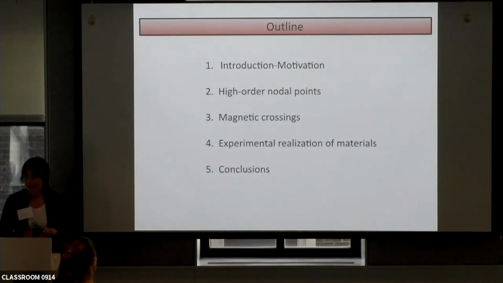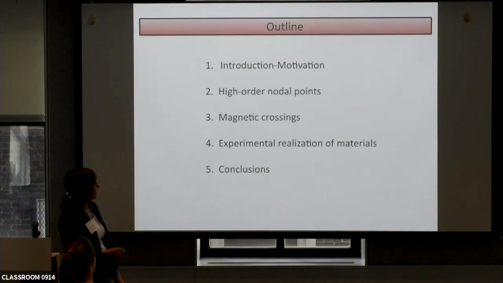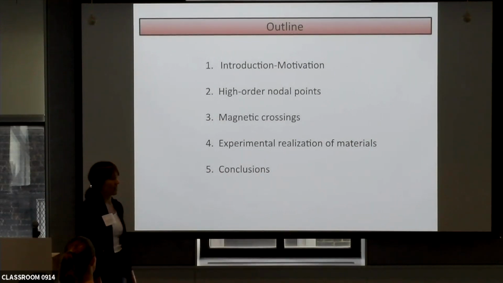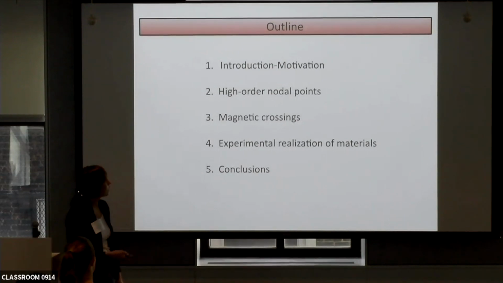Okay, so following these 3 steps, this is going to be the outline of my talk. Introduction and motivation to the topological semimetallic phases. Then the first prediction, realization, and experimental measurement of high-order nodal points in paramagnetic materials.